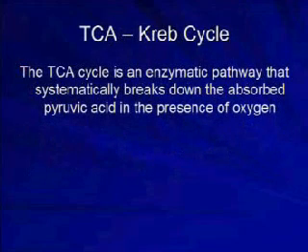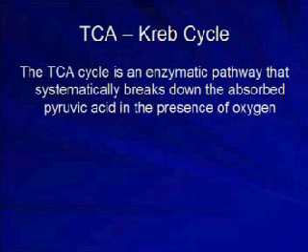The TCA cycle, or the Krebs cycle, is an enzymatic pathway that systematically breaks down the absorbed pyruvic acid in the presence of oxygen. Now, I'm not going to ask you to know each of the steps of the TCA cycle, so I don't want you to spend a tremendous amount of time trying to memorize them, and it is described in your text.